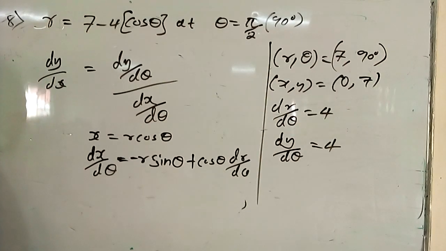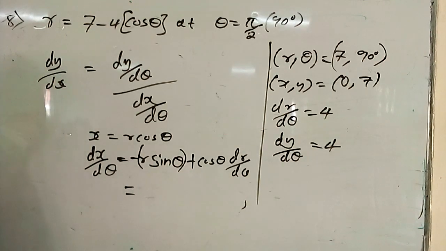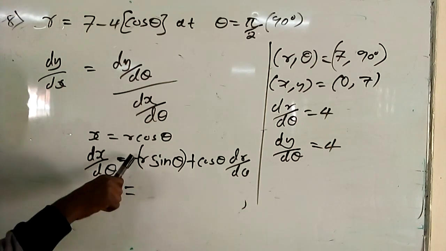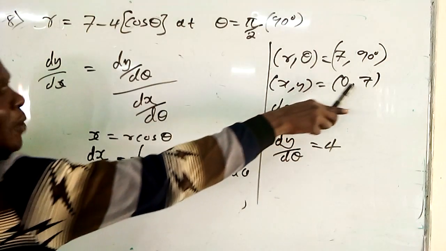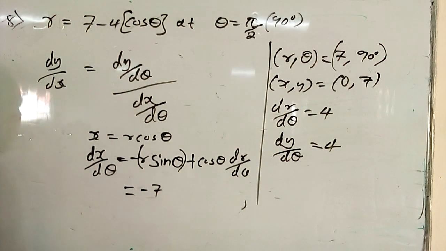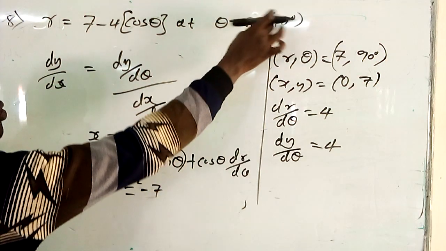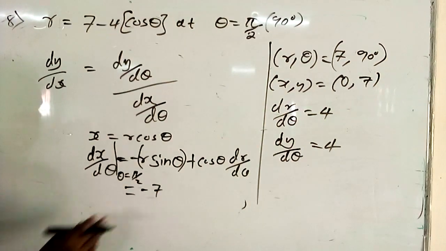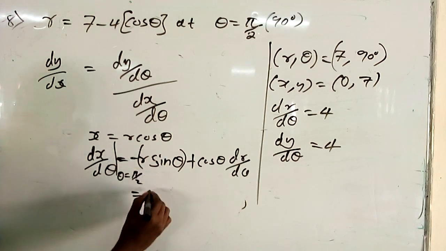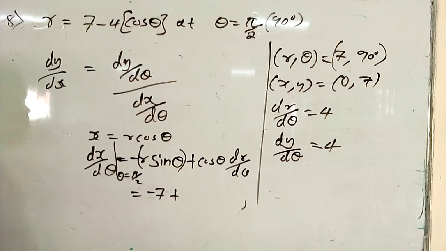Good. So from there you just do the substitution. This is negative r sine theta, and r sine theta is y. So it's like we have negative y. But what is your y value? 7. So we have negative 7, because we are substituting where theta is pi over 2 or 90 degrees. Then plus, what is cos theta?